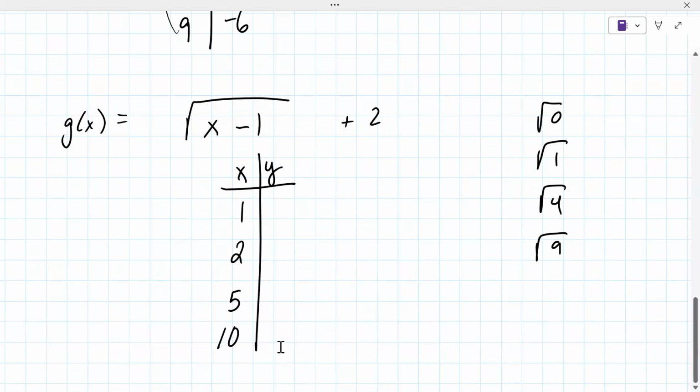Okay, I want you to fill in the rest of this table for me, please. Is it 2, 3, 4, 5?